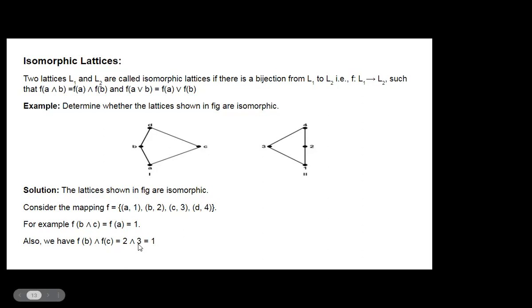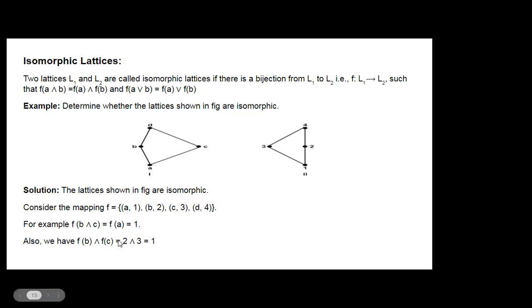So f of B is 2 and f of C is 3. Both connect to the point A. Yes or no? B is connected to A, C is also connected to A. So 3 is also connected to 1 and 2 is also connected to 1.